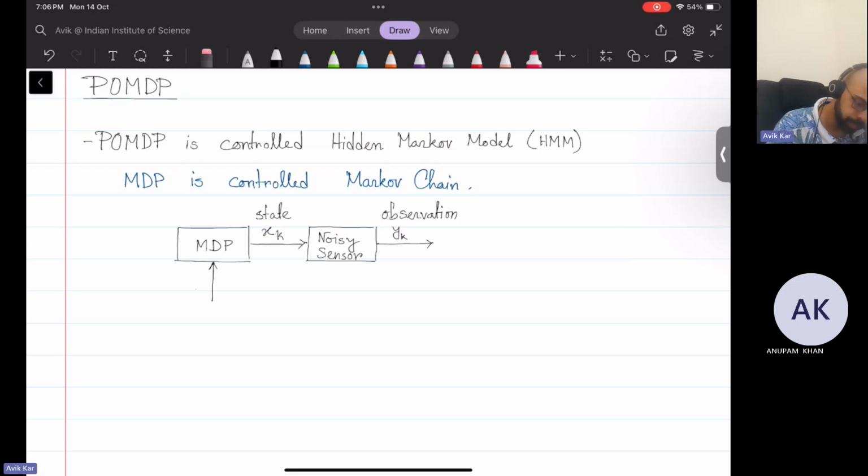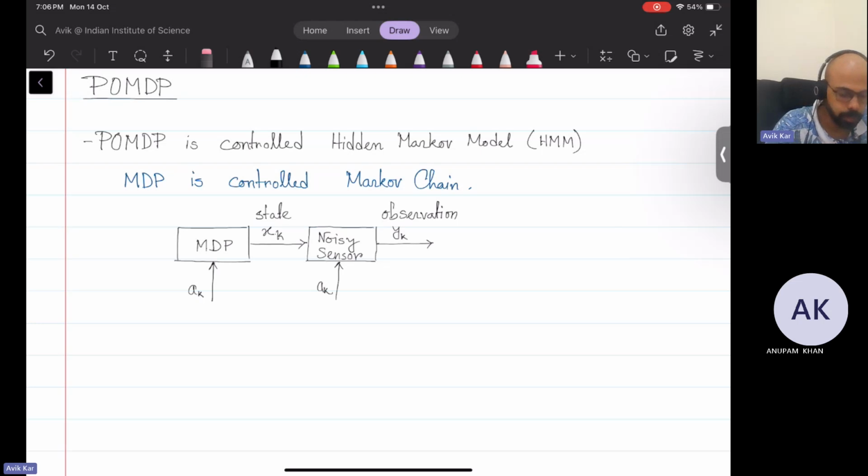You choose an action to play, and based on that, the MDP updates its state from X_k to X_{k+1}. And here we are assuming that how we sense or observe the data also depends on the action.